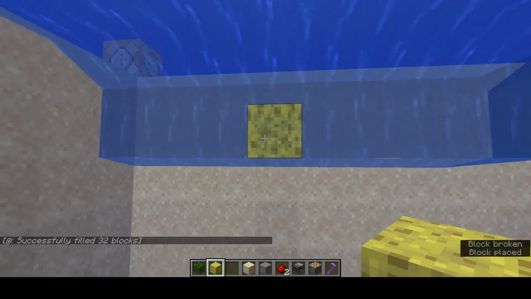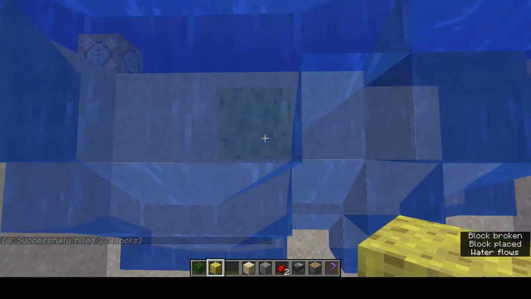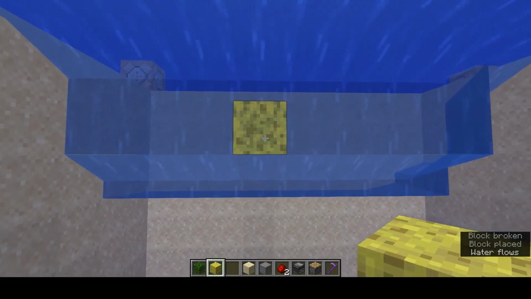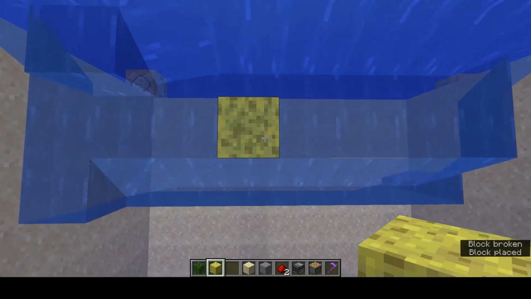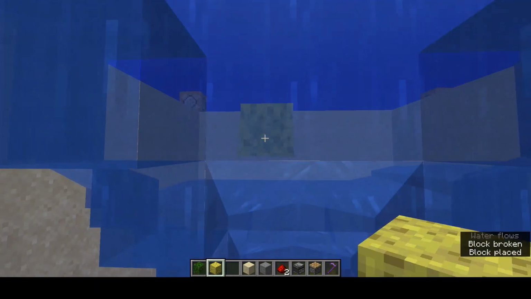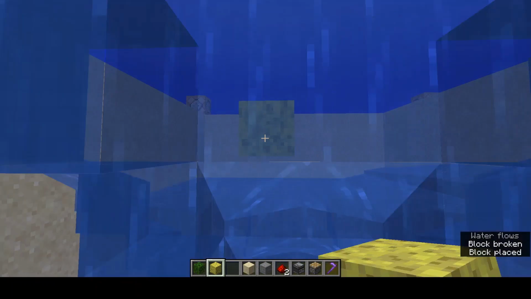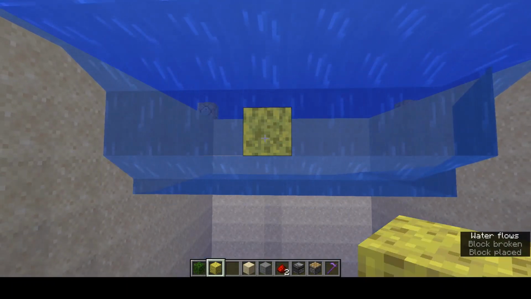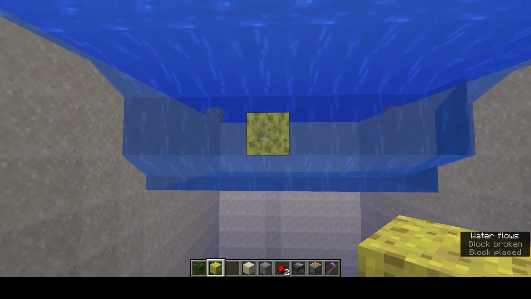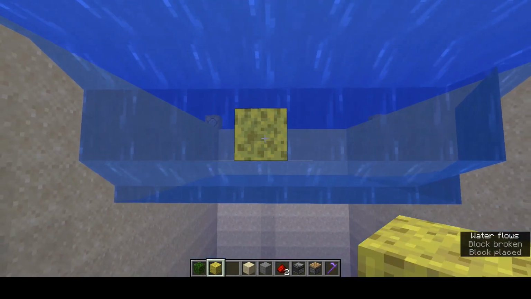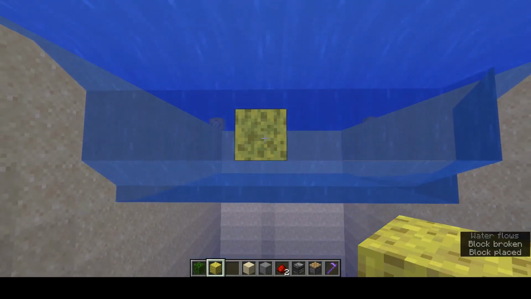And it's just going to be a solid line of sponges all the way back. Now, when I was making this whole testing area, I didn't think I was going to be going any wider than 9. I didn't think 9 was going to work, but it did.